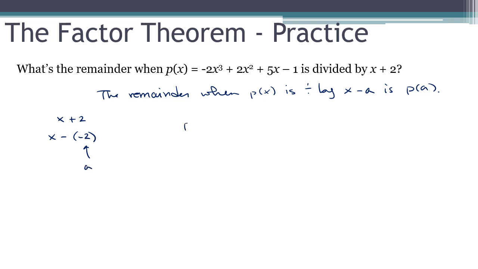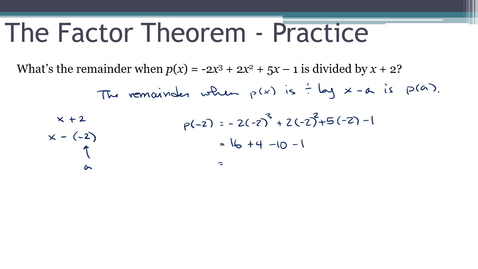So I'm going to evaluate p of negative 2. That's negative 2 times negative 2 to the third plus 2 times negative 2 plus 5 times negative 2 minus 1. Let's see, this first term, that's plus 16, minus 8, minus 2, yes, minus 4, minus 10, minus 1. Whoops, I lost an exponent there. This was squared, which means that should be plus 4.